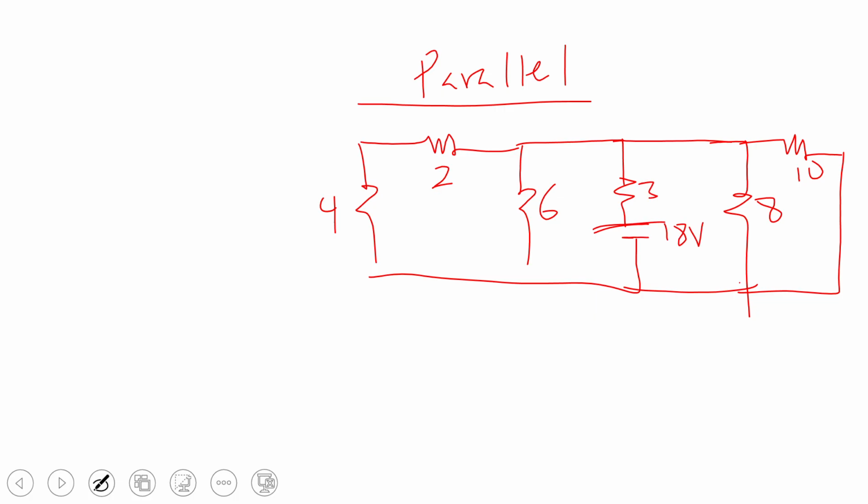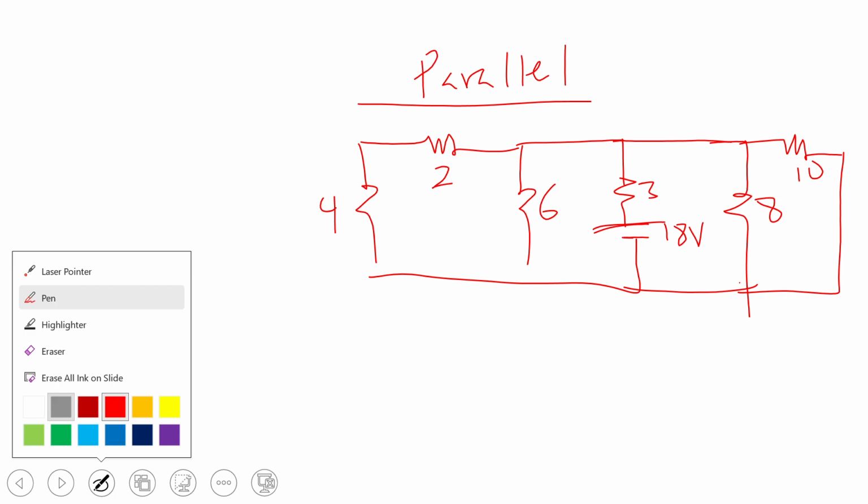Let's say this is 18 volts. Now, if I want to identify whether two things are in parallel, as I said in the previous video, the basic thing is to go around the two elements. If I don't meet any other element, then they are in parallel.